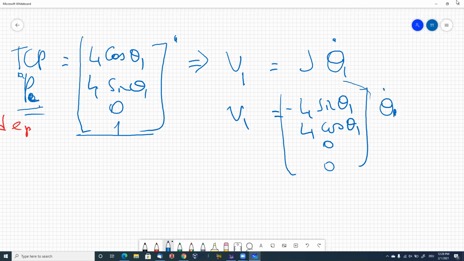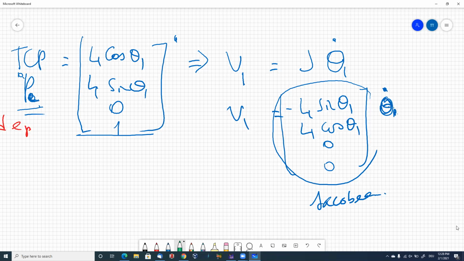Then we said this is the Jacobian, and this Jacobian has no time function; it is independent of time. The advantage is that it allows us to map theta 1 dot to v1.